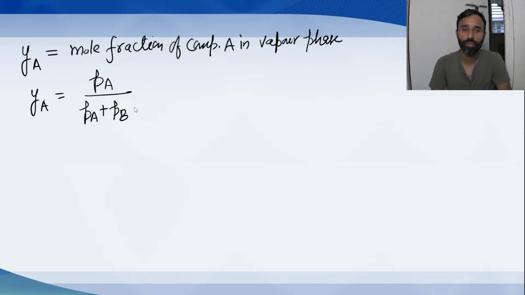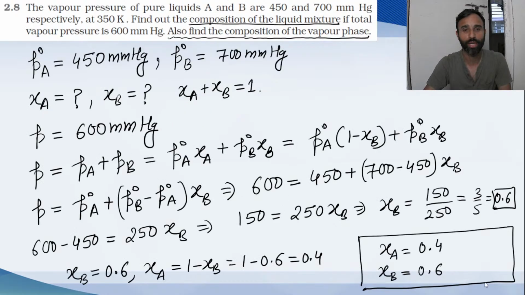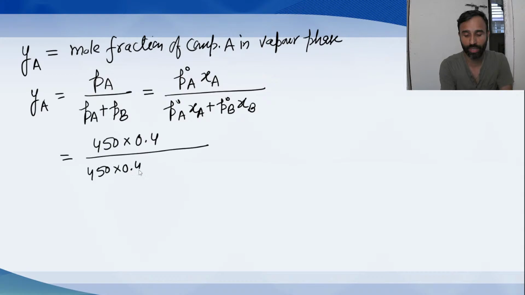YA equal to PA divided by PA plus PB. So PA equal to P naught A XA divided by P naught A XA plus P naught B XB. What is P naught A? P naught A is 450 and XA is 0.4. 450 into 0.4 plus 700 into 0.6.